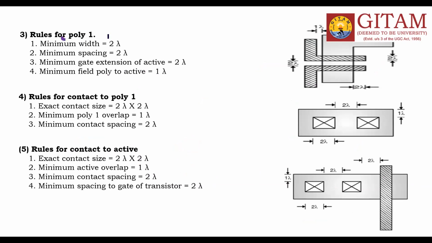Rules for poly 1. I told you in the previous class that you can use double poly, meaning poly 1 and poly 2. One is yellow or red color, and the other is a lighter color. The minimum width of poly 1 is 2 lambda, spacing is 2 lambda, gate extension is 2 lambda, and poly 2 to active is 1 lambda.